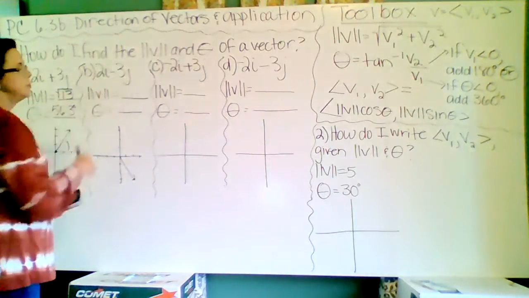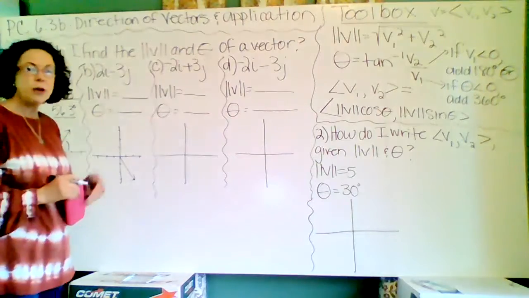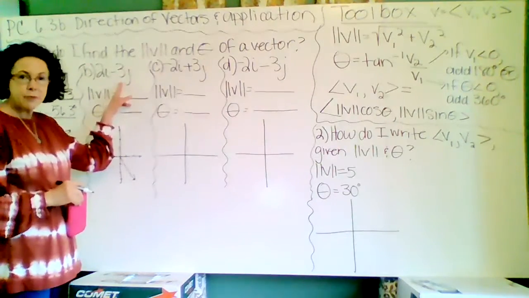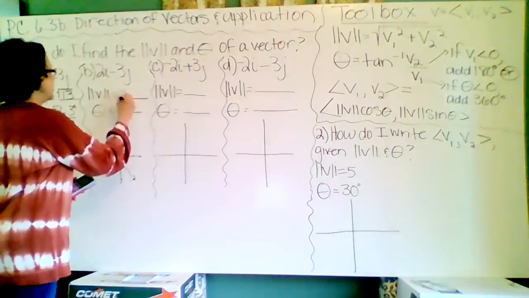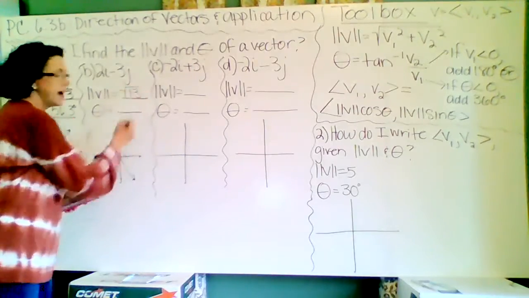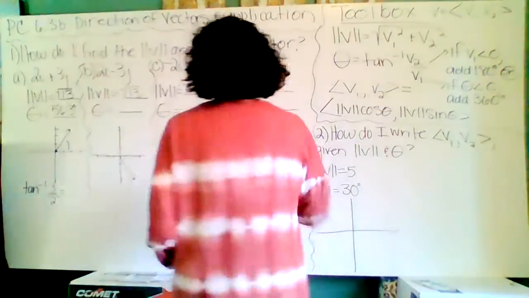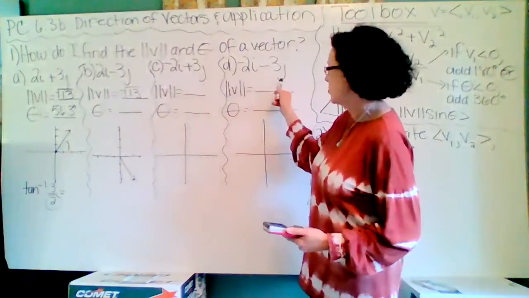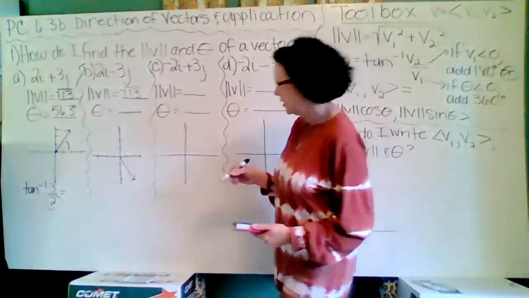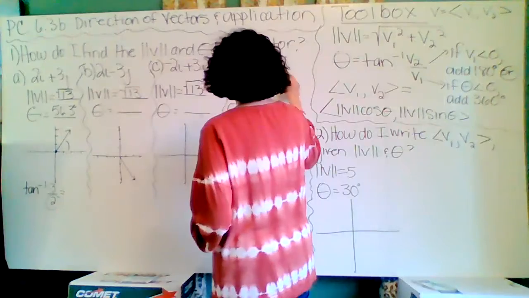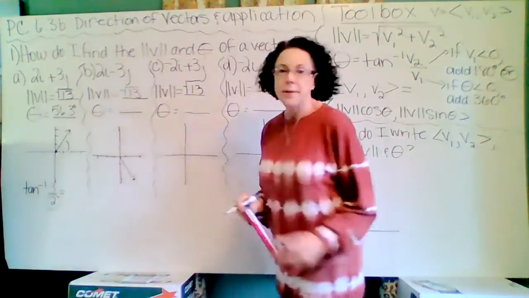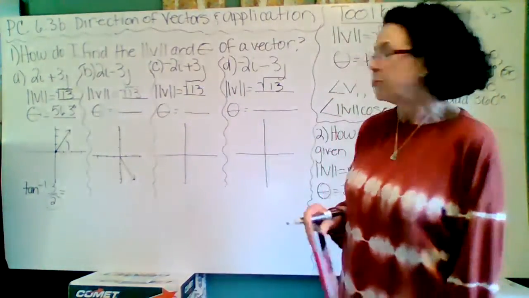Notice its magnitude would be the same because we would still be squaring 2 and squaring a negative 3, getting 4 plus 9, square root of 13. In fact, for each of these vectors, wouldn't the magnitude be the square root of 13? The reason I did that is because we already looked at magnitude in section 6.3a.